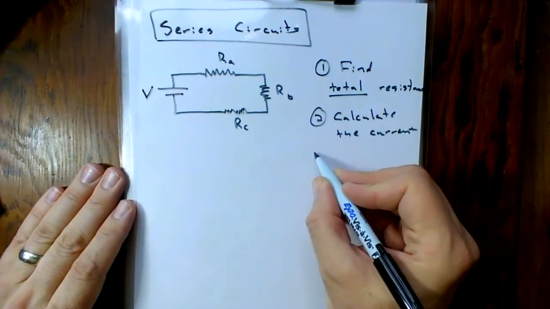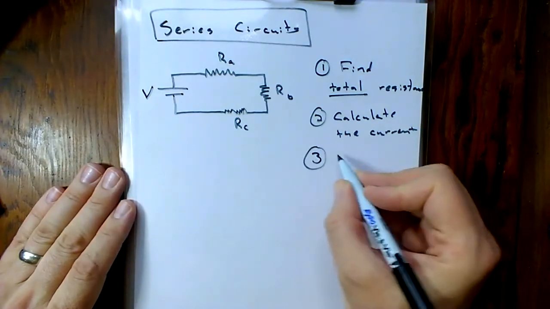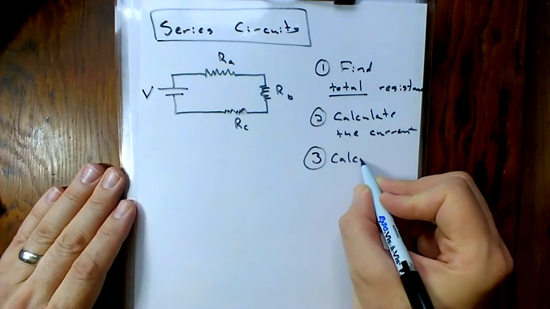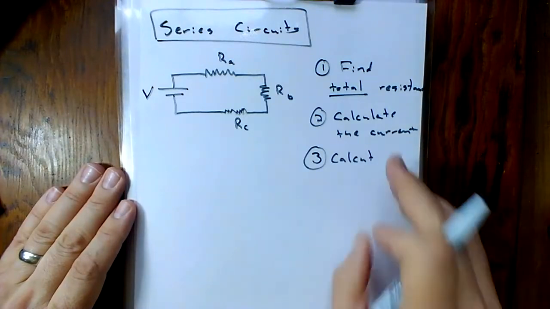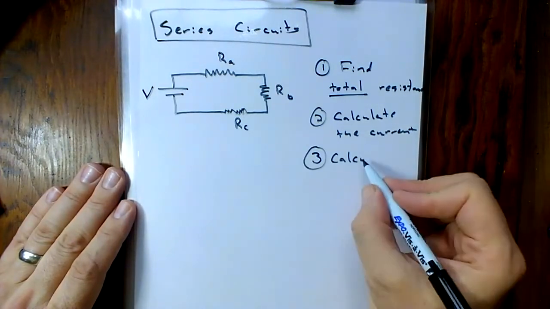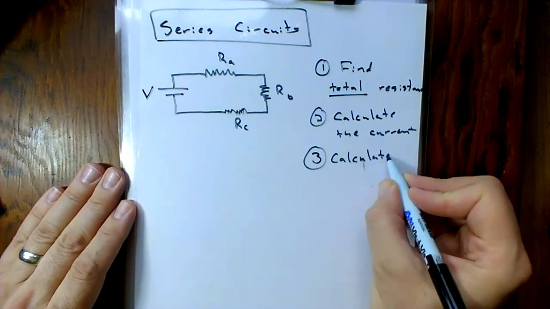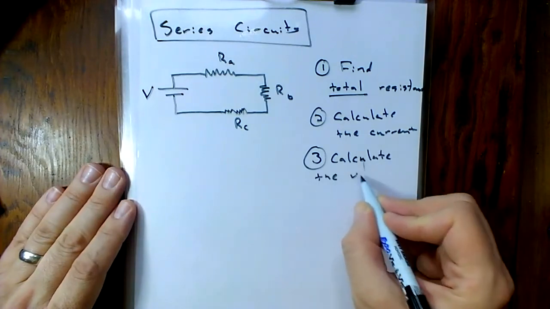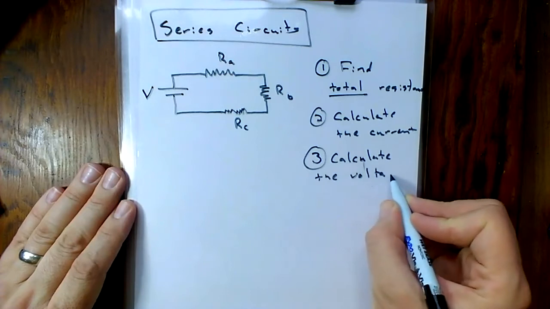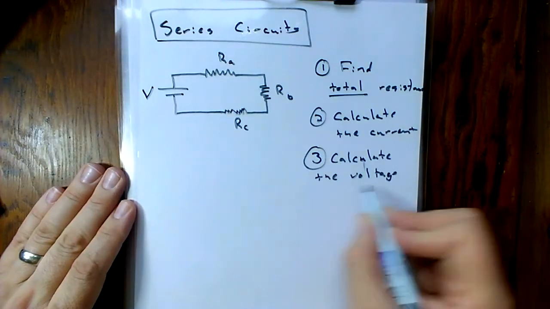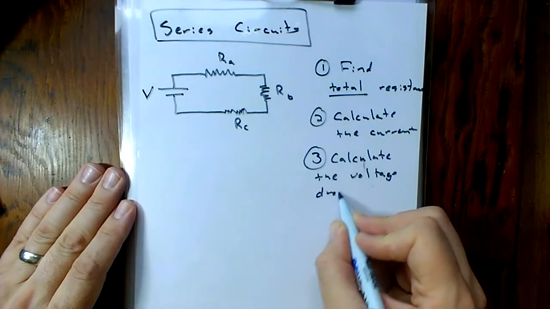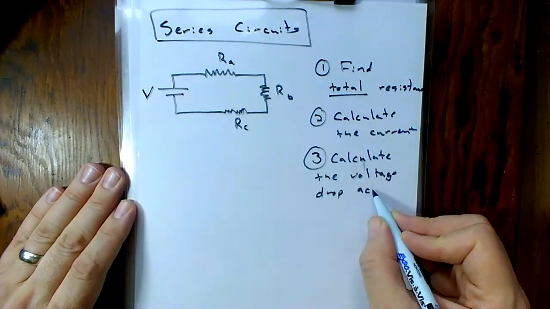So then we can calculate the voltage drop across the different resistors.